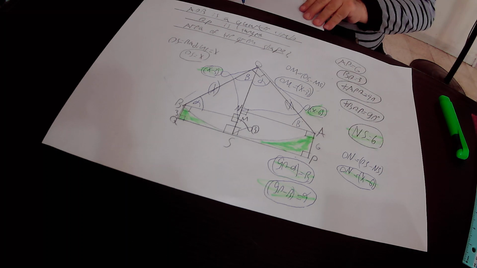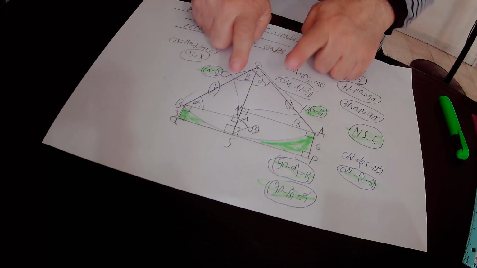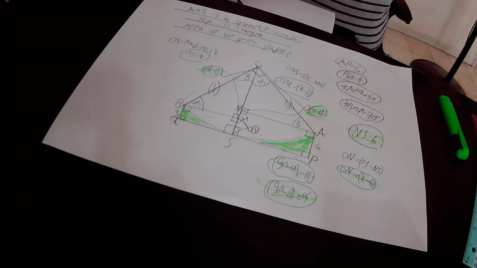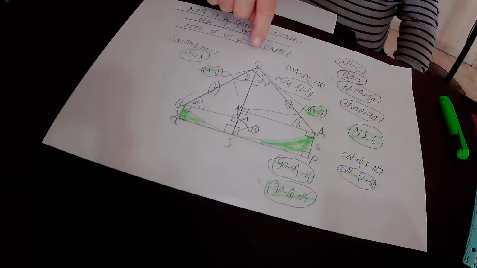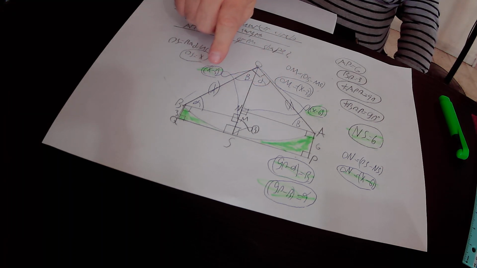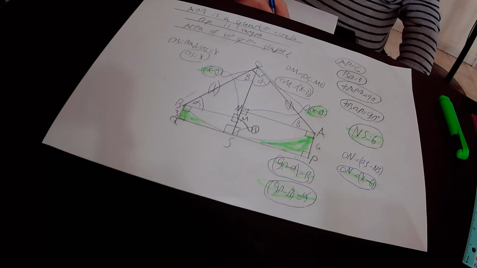And from this, we conclude that side ON in the right triangle ONA is equal to side BM in the right triangle OMB. So I write it down. We conclude that side ON equals side BM.